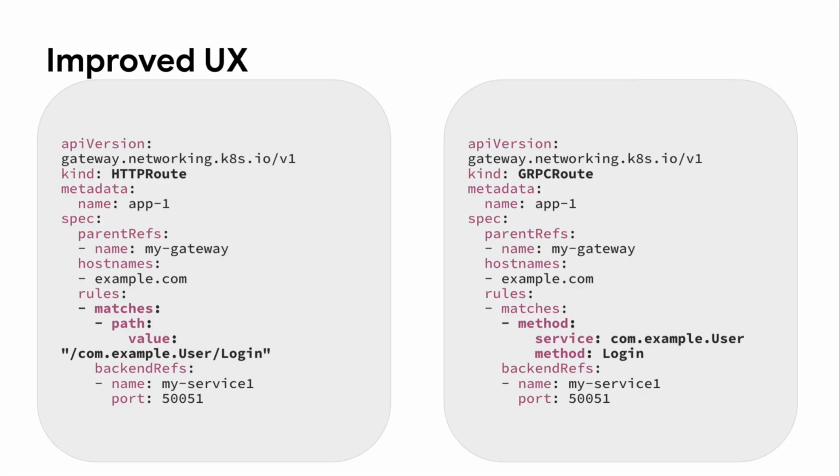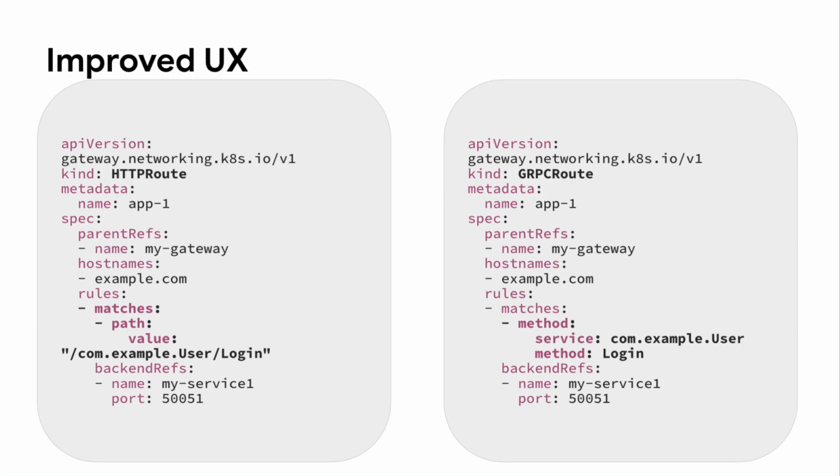Beyond its functional advantages, gRPCRoute significantly enhances the user experience, particularly with its method matches. While using gRPC, gRPC relies on HTTP/2 URIs. You shouldn't need to be concerned with those underlying implementation details.